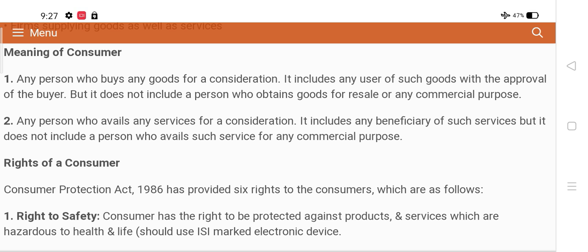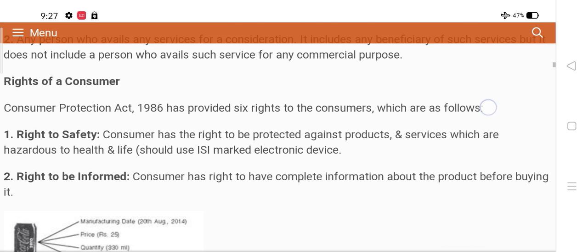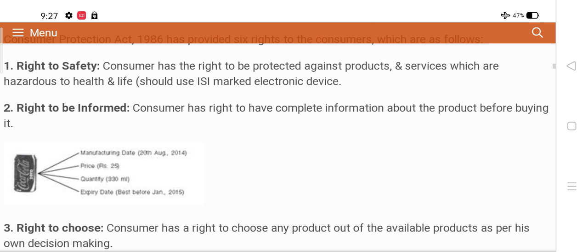Now, what are the rights provided by the law to the consumer? The Consumer Protection Act 1986 has provided 6 rights to the consumers, and these rights are as follows. The first right is the right to safety. The consumer has the right to be protected against products and services which are hazardous to health and life.